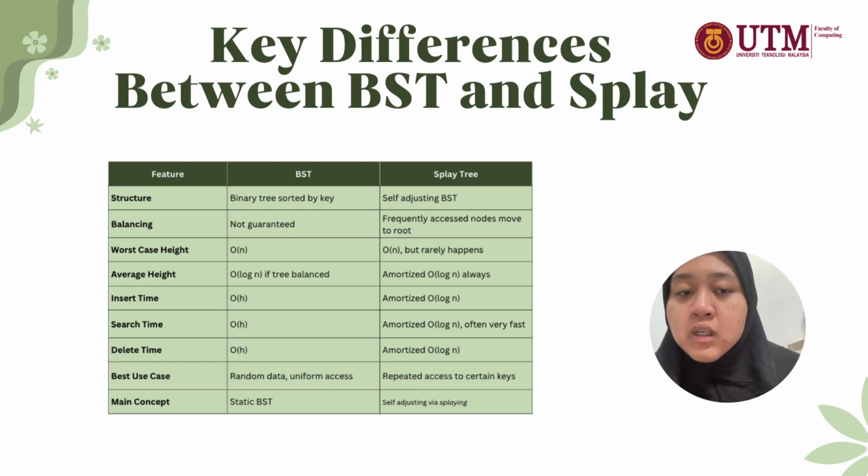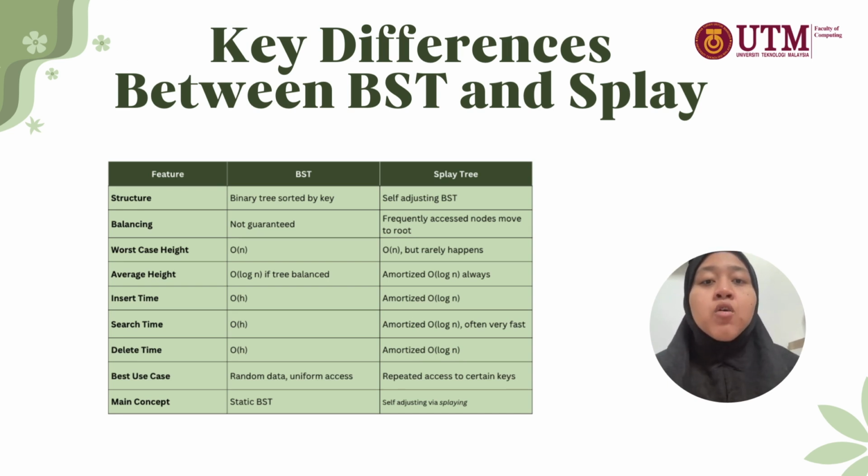So as we can see here, worst case height, BST is O(n) and splay tree is also O(n) in the worst case, but this rarely happens in practice due to splaying. While for search, insert and delete time, a BST takes O(h), dependent on height. If the tree is skewed, this is slow. While the splay tree, however, has an amortized O(log n) complexity.